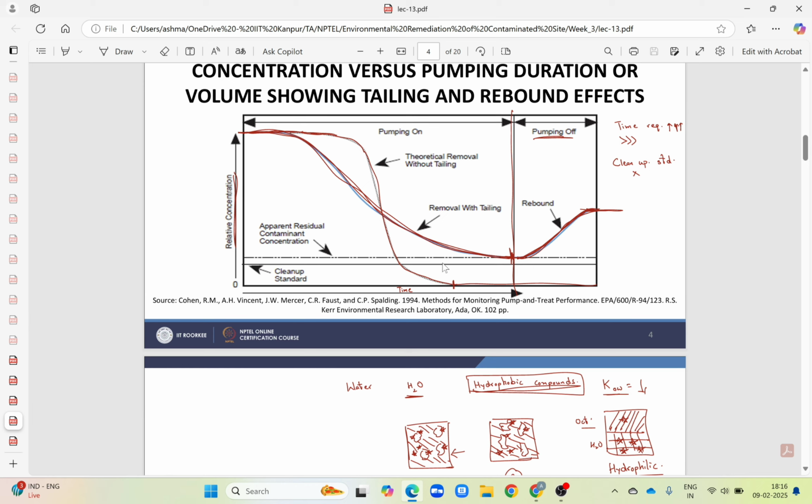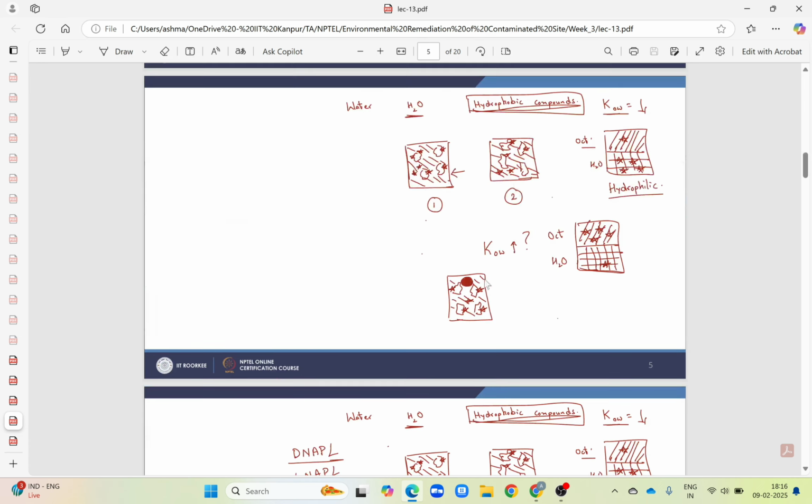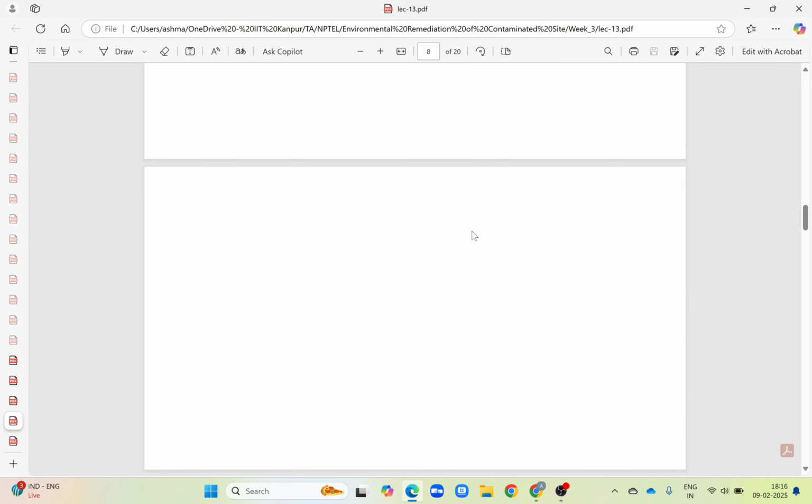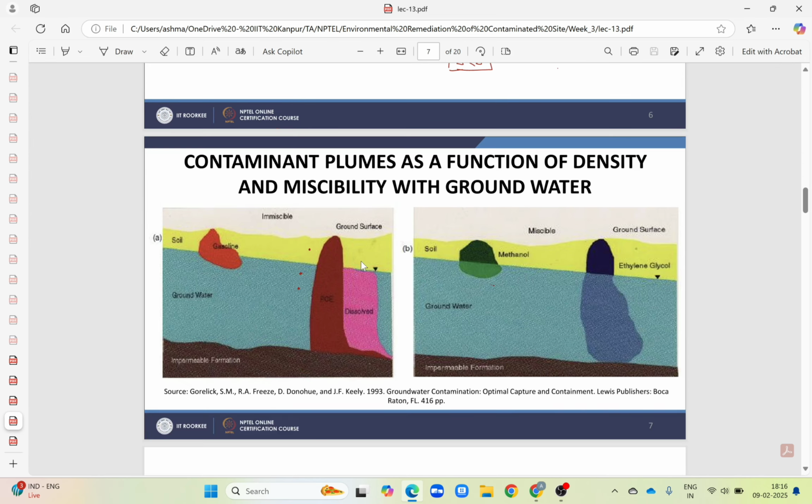So not only do we have to consider the removal of the polluted water, but we also have to see whether the pollutant is sorbed on the soil or sediments, or whether there is some non-aqueous phase liquid which can also store the pollutant, and with time it will slowly release the pollutant into the aquifer. So these were the cases.